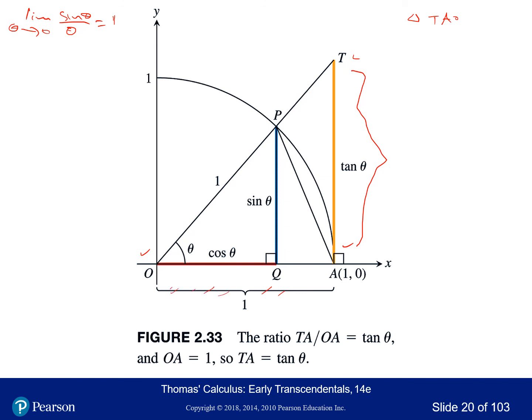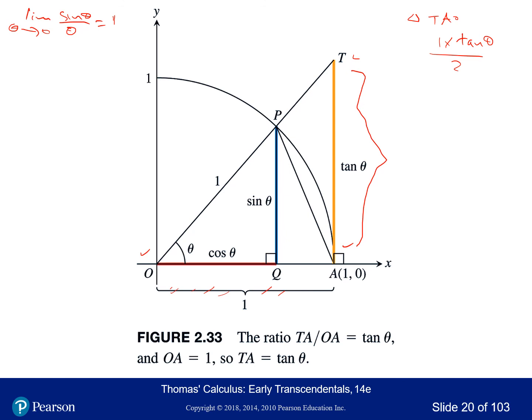So we know that the area of the triangle is half the height times the base. So the height is tan theta, and the base is 1. So multiplied by 1 divided by 2. That's the area of the larger triangle.